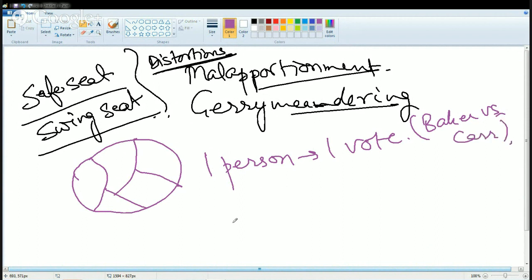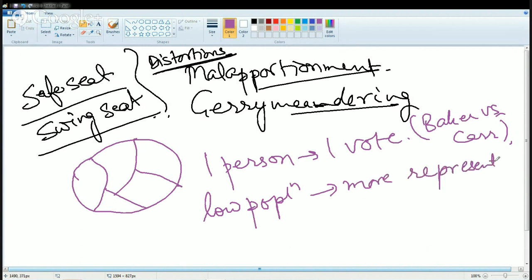So one person, one vote is the aim. But what happens in malapportionment is that a low population has more representation. That is technically incorrect, and this should not be the case. Since it should not be the case, it is a kind of distortion that occurs in electoral geography. So the first concept we understood is malapportionment.